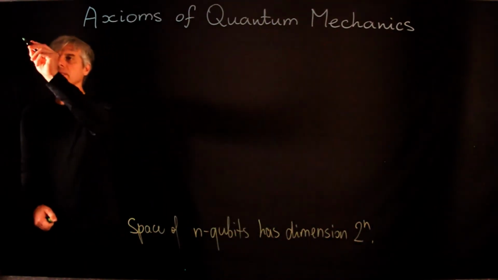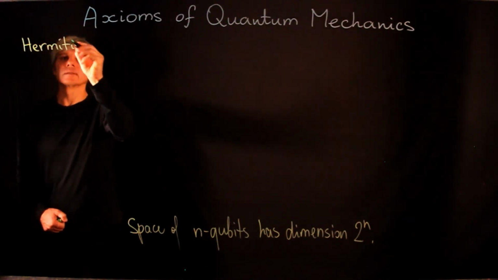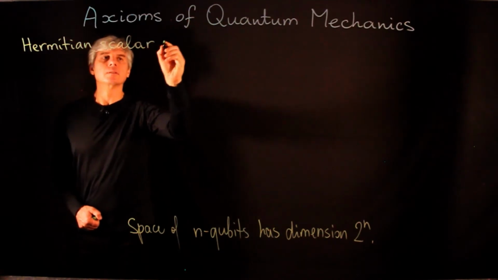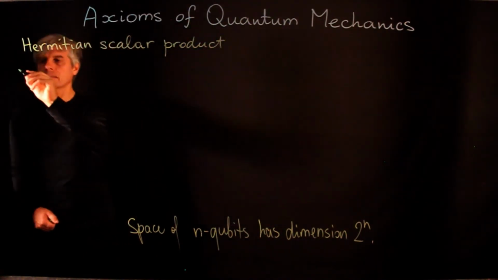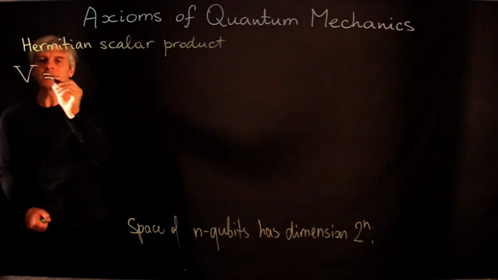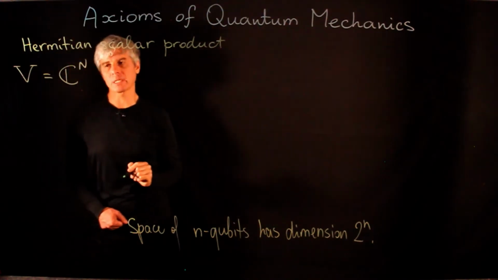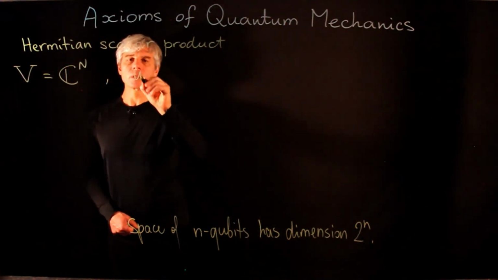Let us now discuss Hermitian scalar product. So let's start by taking V to be a complex n-dimensional vector space. And suppose we have two vectors in this space.